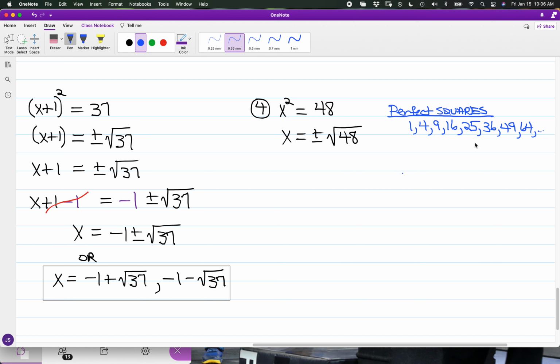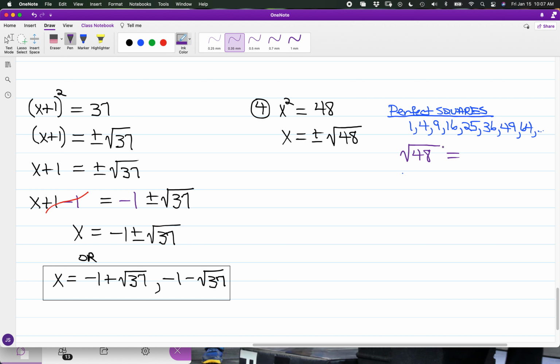Now if I reduce the square root of 48, 48 is not among the perfect square numbers. However, it is a multiple of a perfect square greater than 1. You could factor 48 using 4, or you could take 16 and a little quicker route.